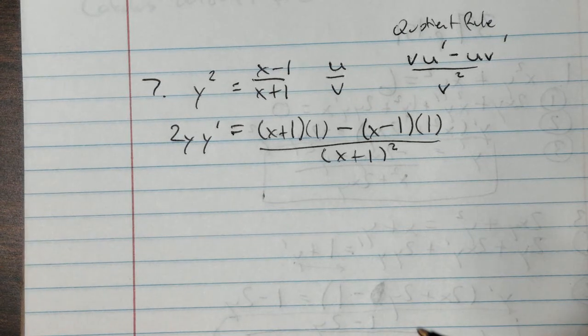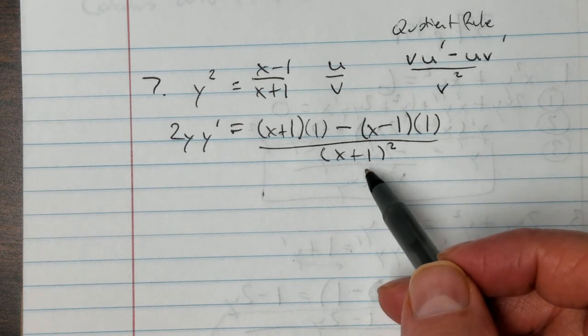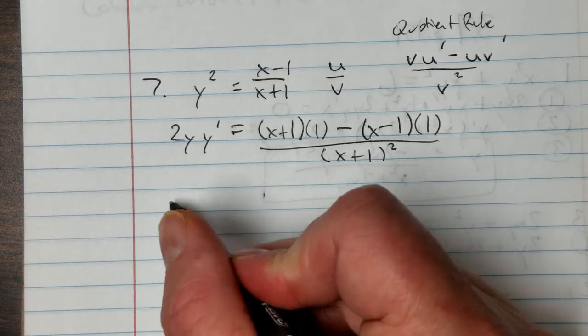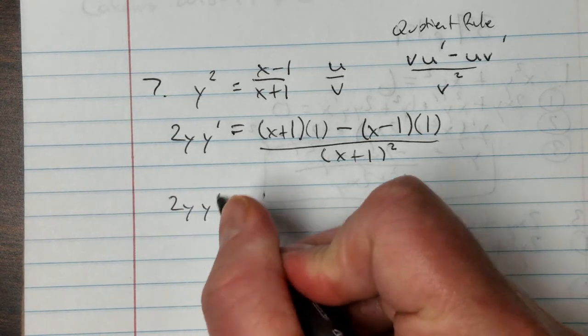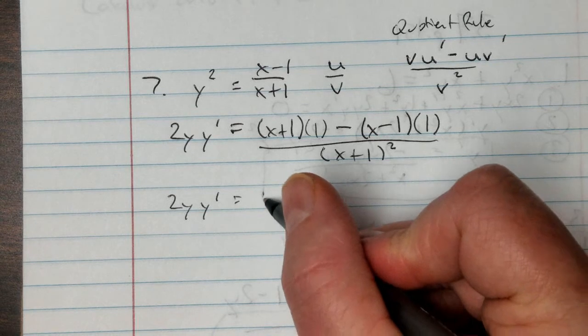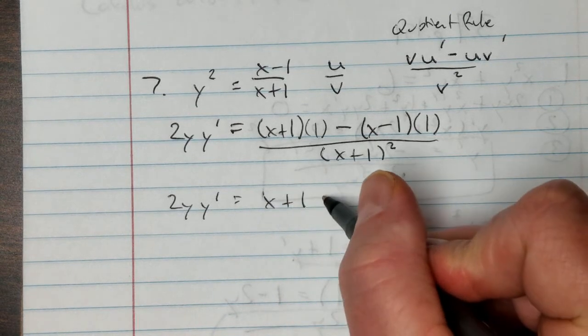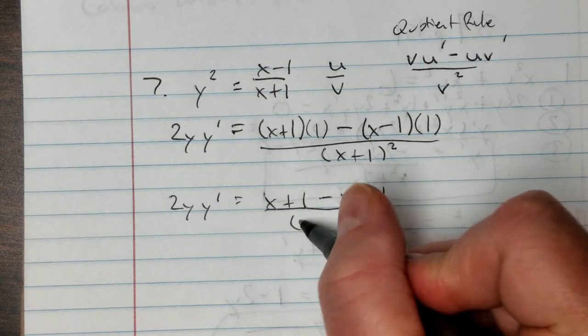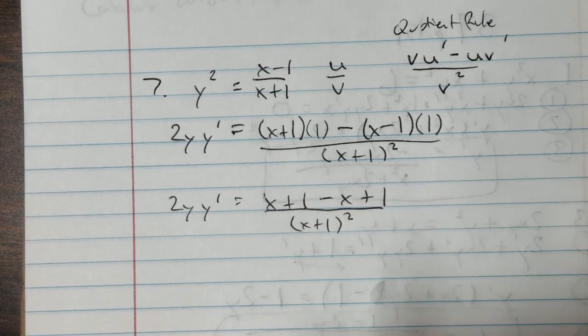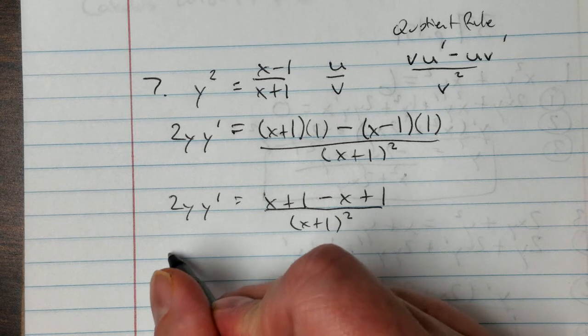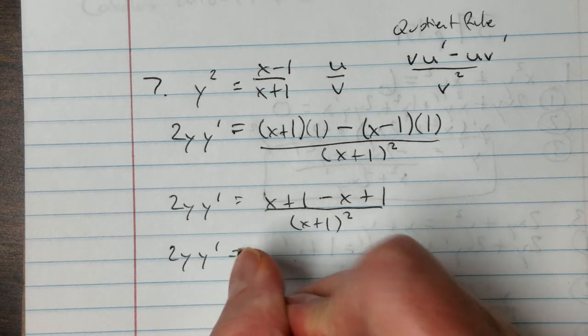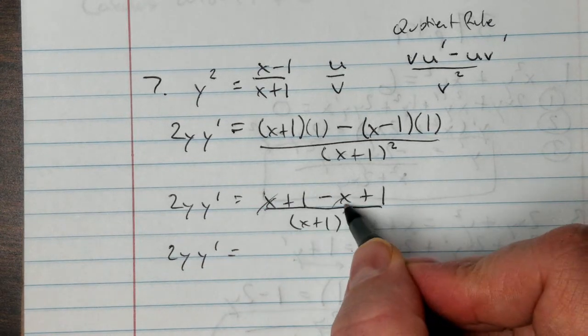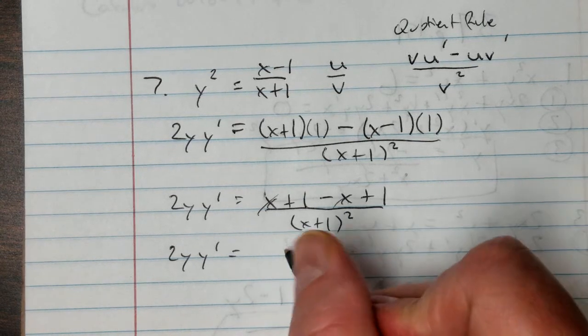So what this gives you, just keep it the way it is, 2y, y prime. This gives you x plus 1 minus x plus 1, which in turn, x minus x cancels and you get 1 plus 1 is 2.